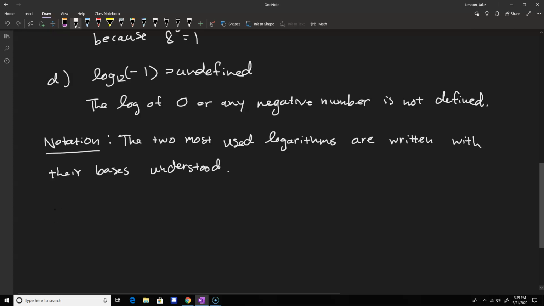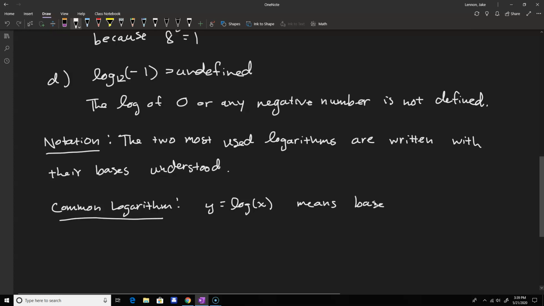So the first is the common logarithm. So that's what it's called, but that's not the notation. So the common logarithm is just written y equals the log of x. So there's no base written anywhere. And what that means is the base is actually 10.